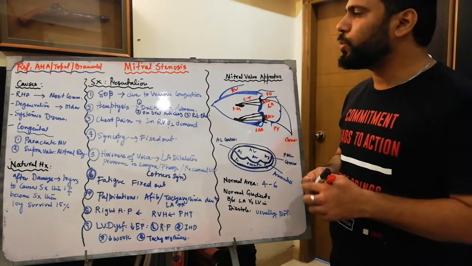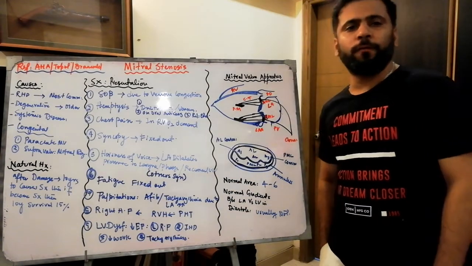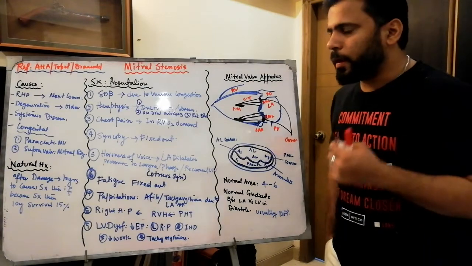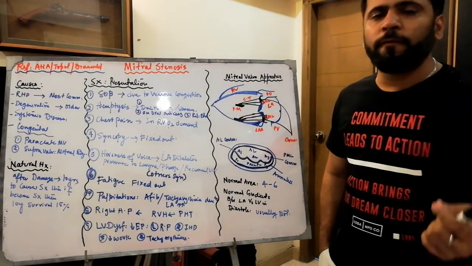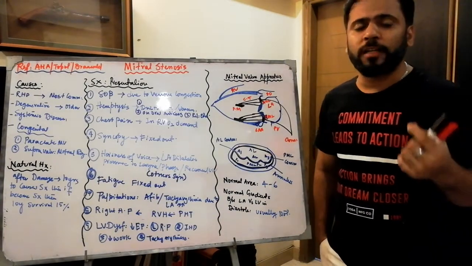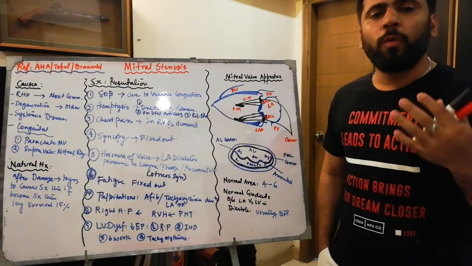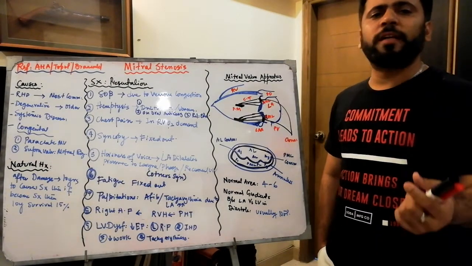It's mitral stenosis. So in today's topic, we will first cover the anatomy of the mitral valve apparatus. That is, what is the mitral valve? What are the characteristics of the mitral valve?